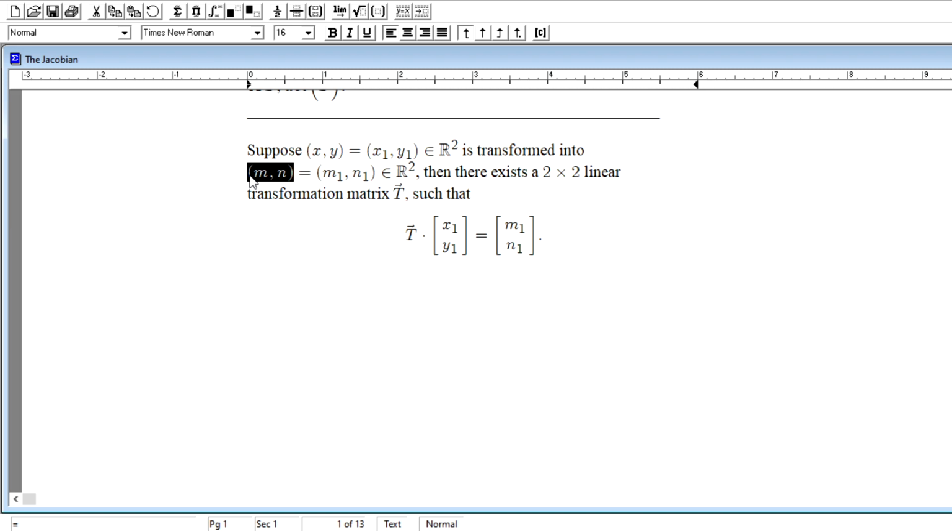What's then going to exist is a 2 by 2 linear transformation matrix, such that that 2 by 2 transformation matrix T, when it's multiplied by this matrix location x1, y1, produces the location m1, n1.